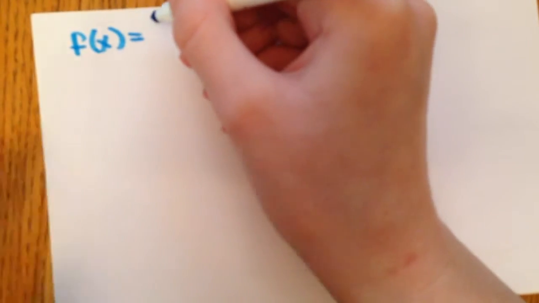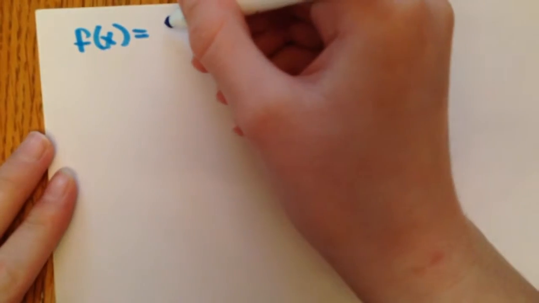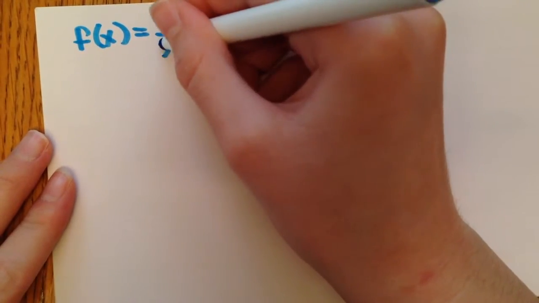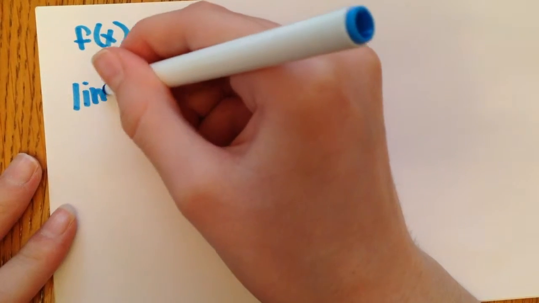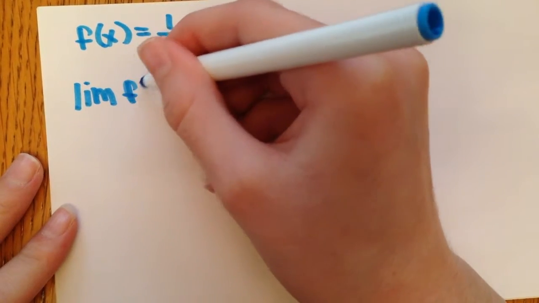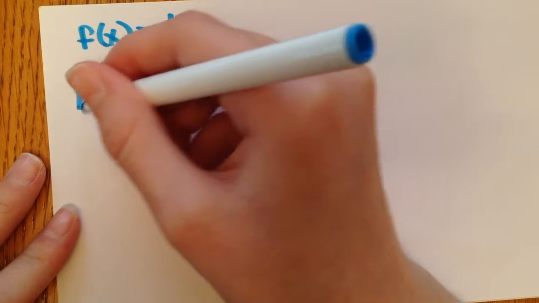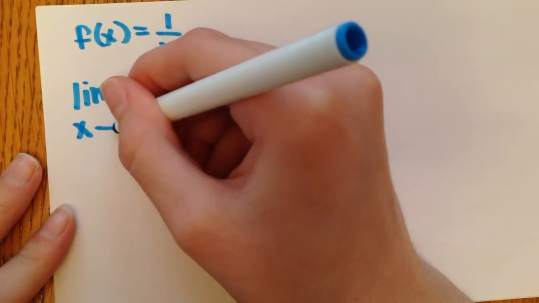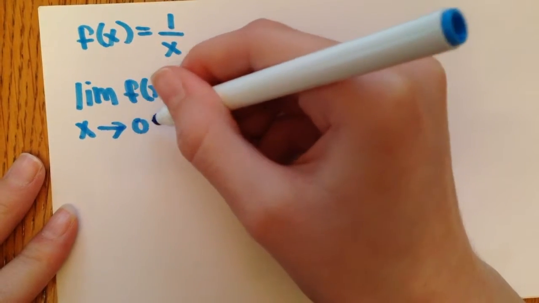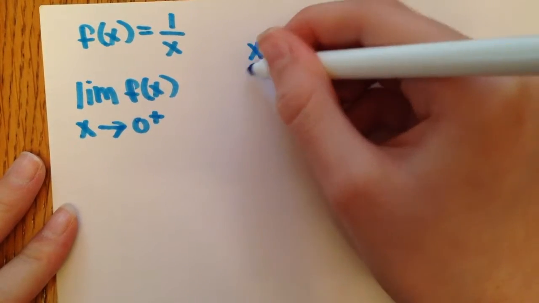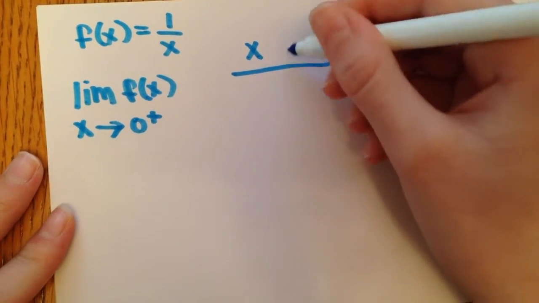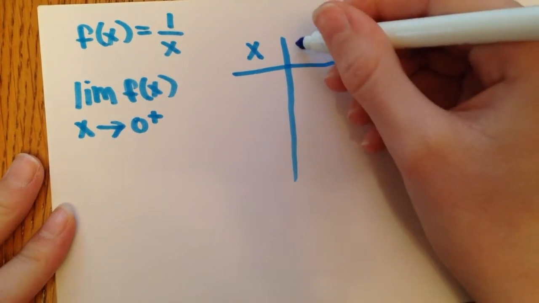So first we're going to do a limit involving infinity when x is approaching 0, and the equation we're using is 1 over x, so we're just writing out the equation here. And the first thing that we're going to do is make a table of all the x values that are getting close to 0.